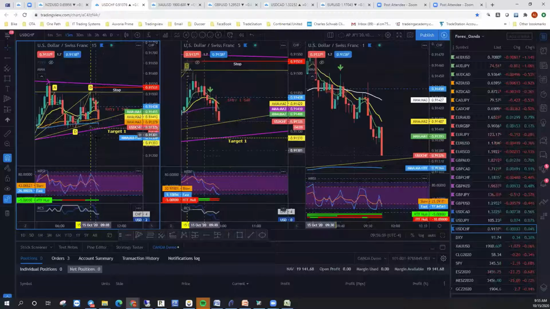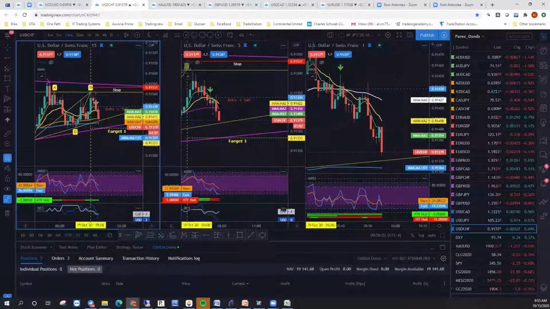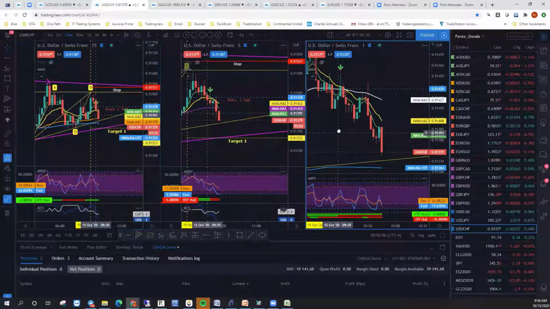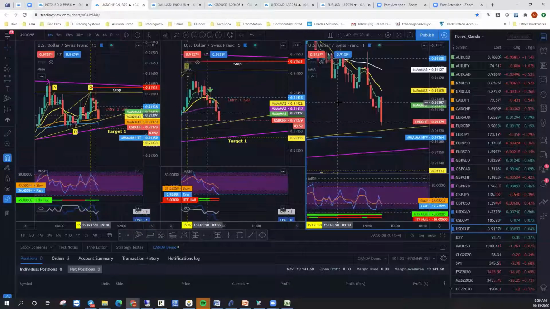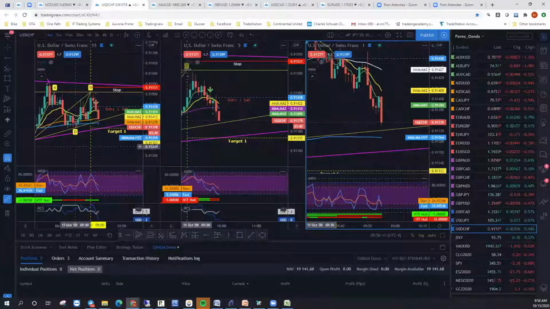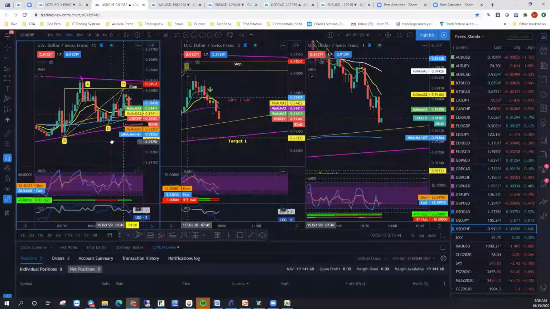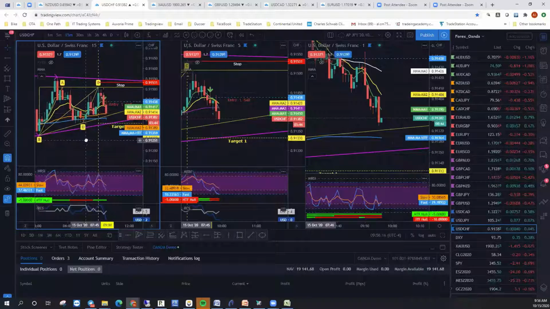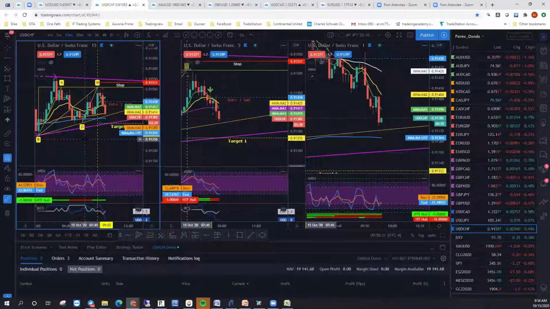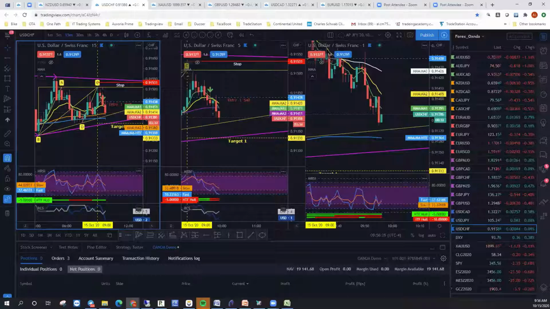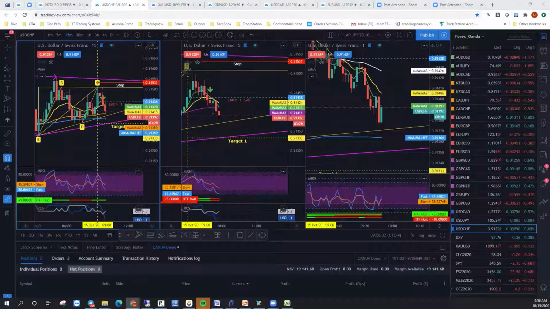Here we go. So Kiwi US is making a little wedge on the 1 minute.